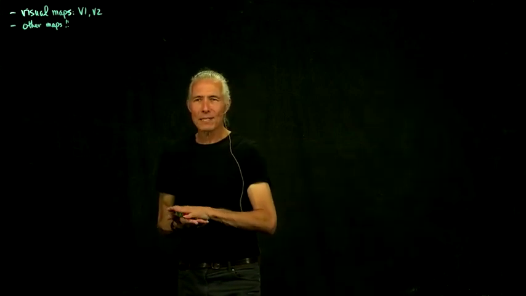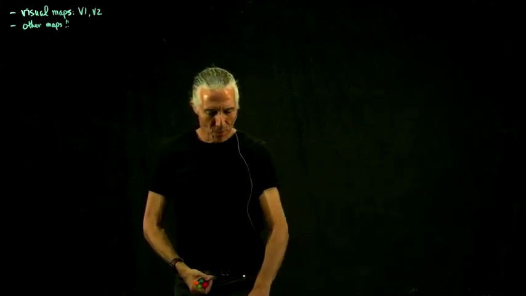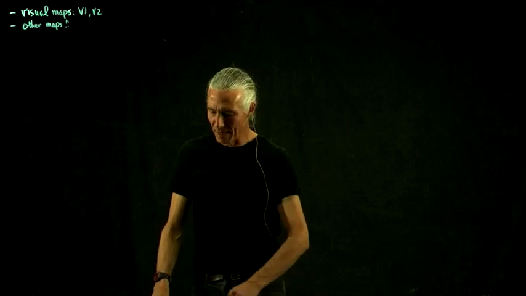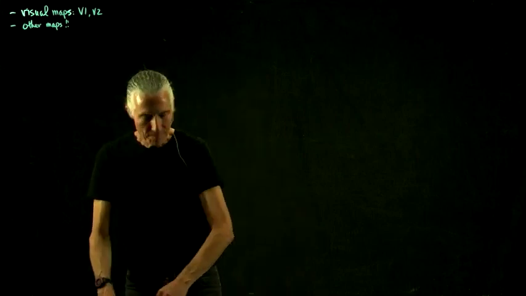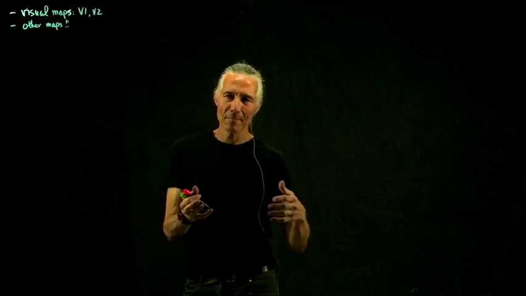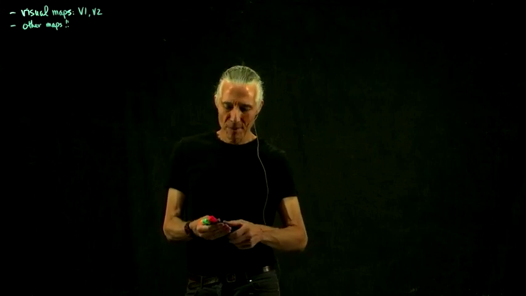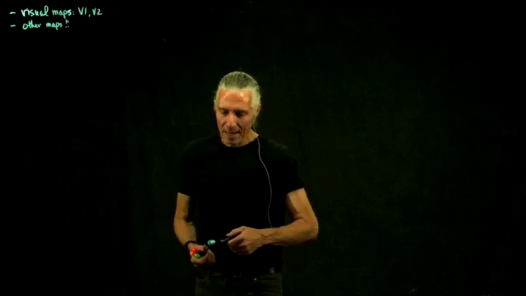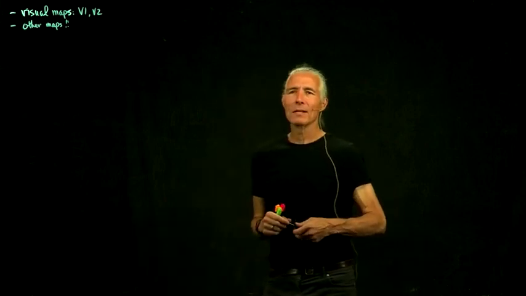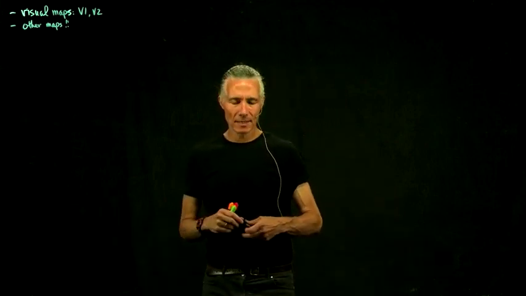So before we get started, if you read any of the literature, most of the data on the actual connections of visual maps comes from animals where people have done invasive experiments. And in particular, it comes from a lot of data from macaque monkeys.